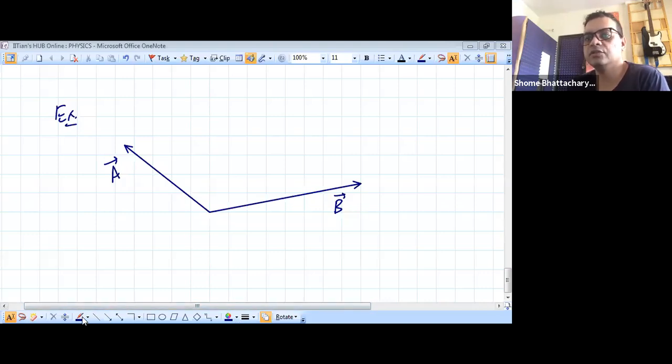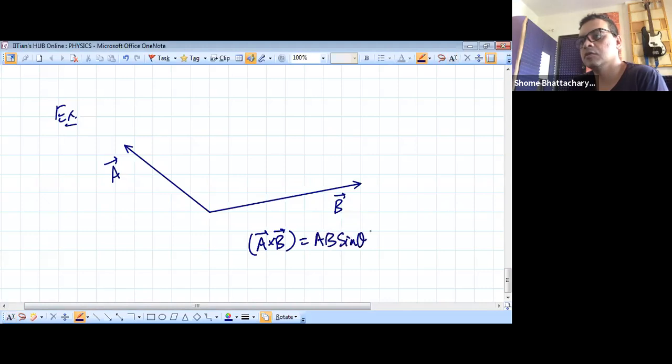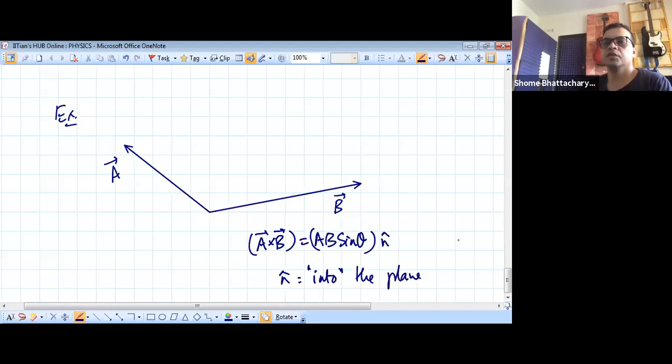So hence the direction of A cross B, n cap, will be into the plane. So this is how we understand whether something is into the plane or coming out of the plane.